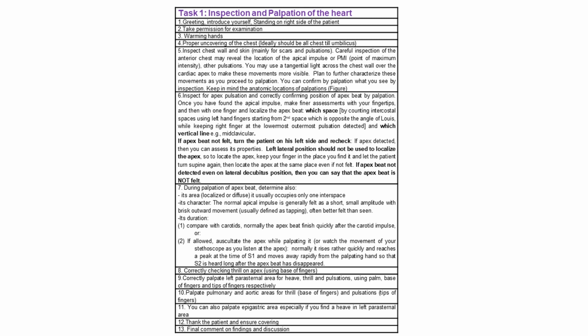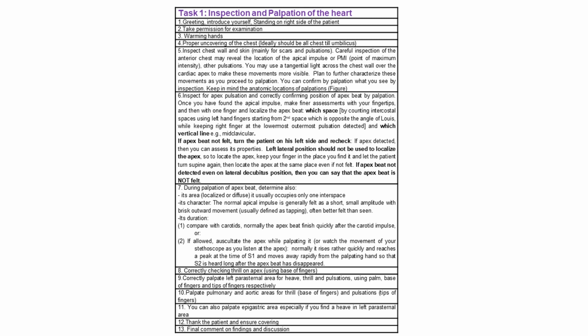If you find it with your fingers, you keep your finger in this space and return the patient back to supine, and you try to locate your position. If you did not feel or see any pulsations while the patient is in the left lateral position, then you can say that the apex beat is not felt. We will talk about the causes of that.